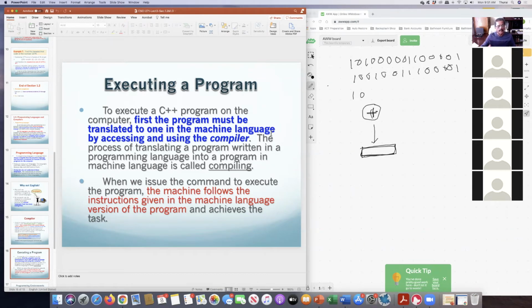So you'll be compiling over and over until you get the syntax errors sorted out. And finally, if it compiles, that means all the errors have been corrected. It's going to create this machine code in another file.